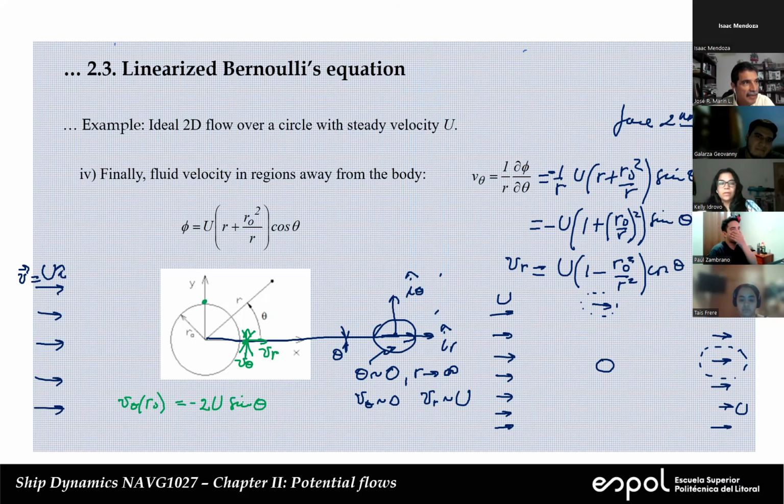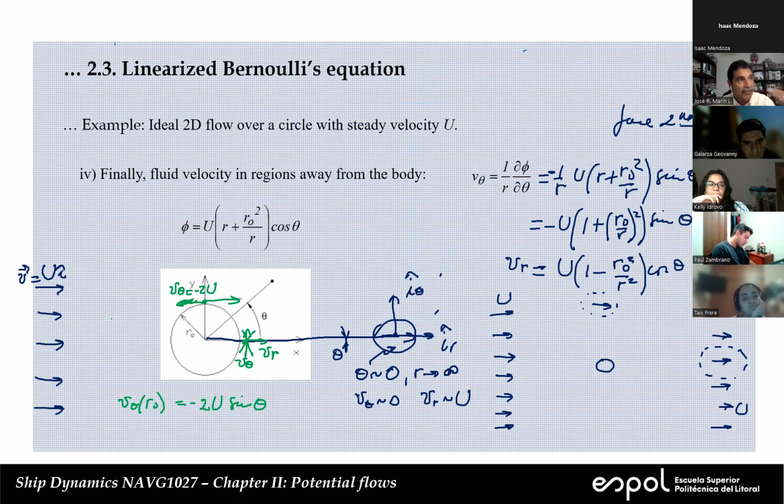Oh, just 1. Yeah, a 1. So the velocity would be minus 2u. So that means that this is V of theta, right? But it's equal to minus 2u. That means that this is the velocity. Makes sense? Yes. It's larger than the value that we had before.